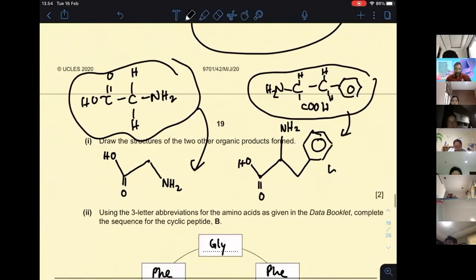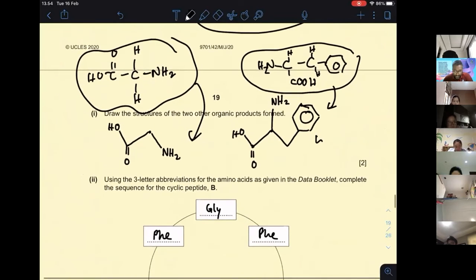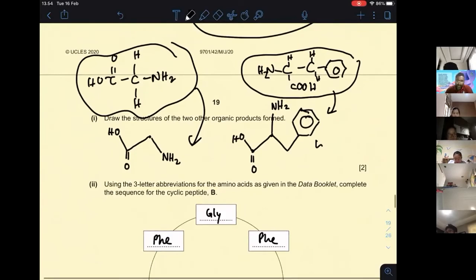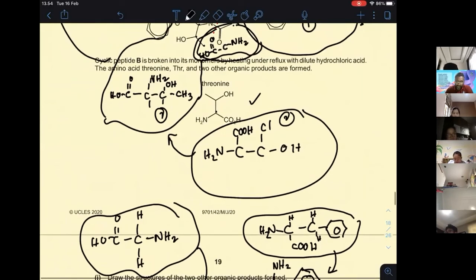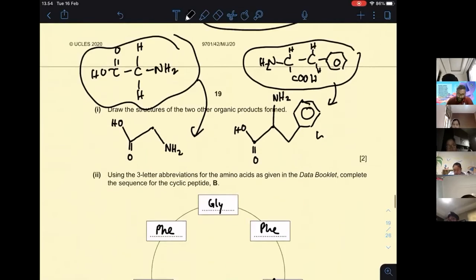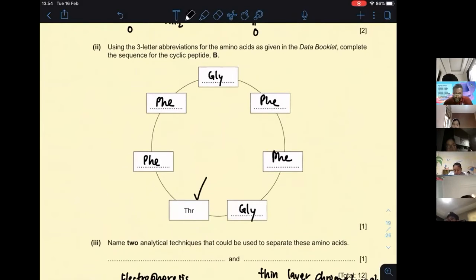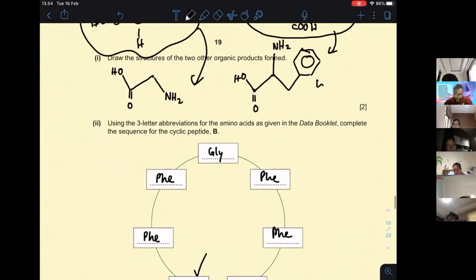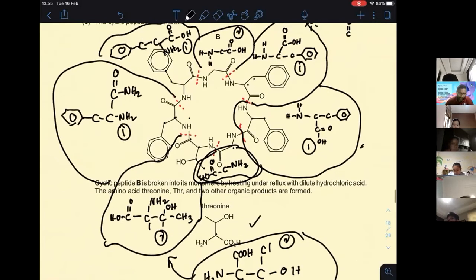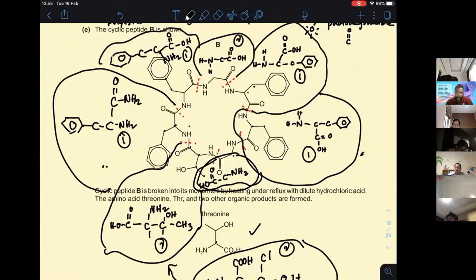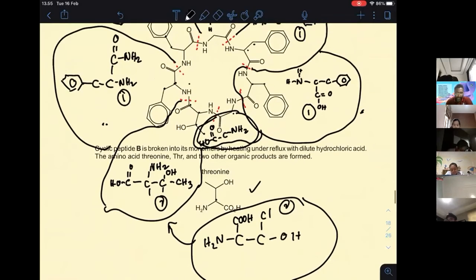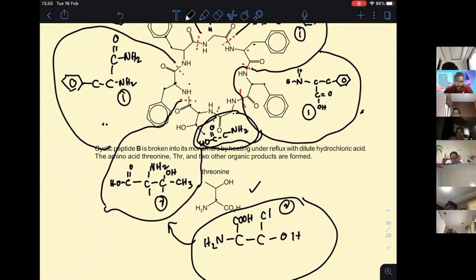So identify first, and then using the 3-letter abbreviations given in the data booklet, complete the sequence. Now, this is threonine. Threonine, they put THR. So I found out that this molecule, the one that has number 1 over here, you can check in your data booklet.